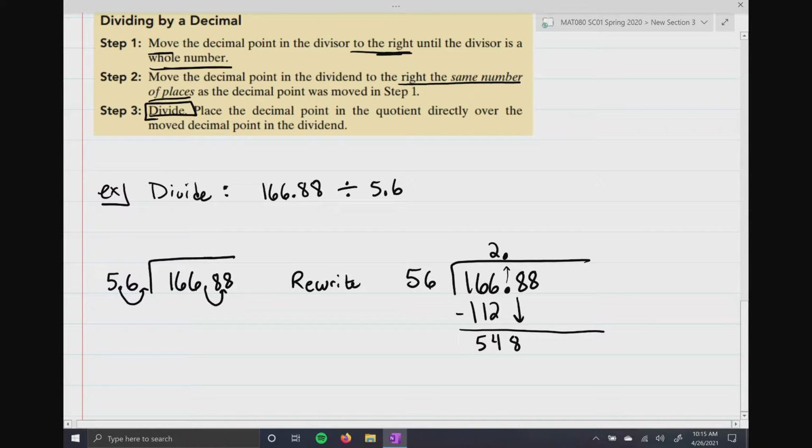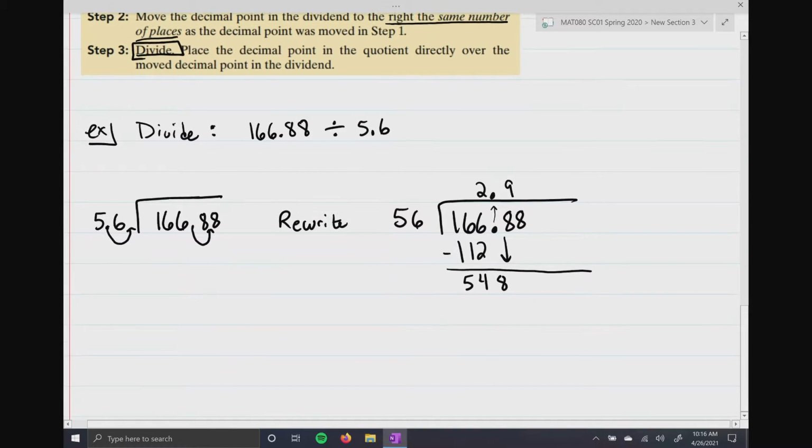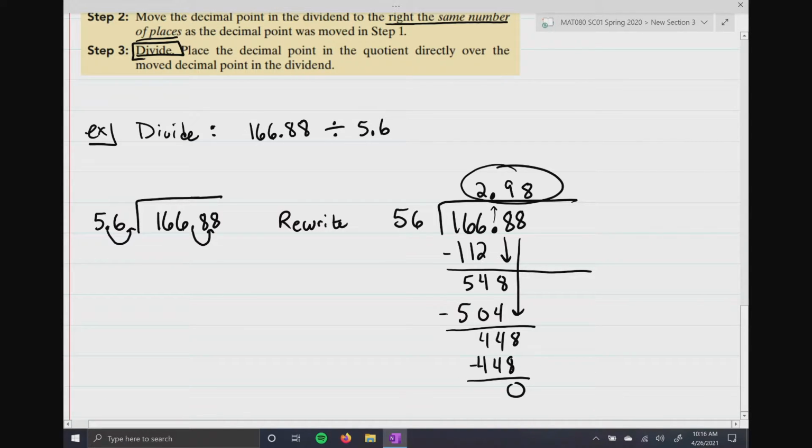Now, 56 goes into 548 9 times. So 9 times 56 is 504. Subtract. I get a 4. Drop down the 8. And 56 goes into 448 8 times. So your quotient is 2.98.